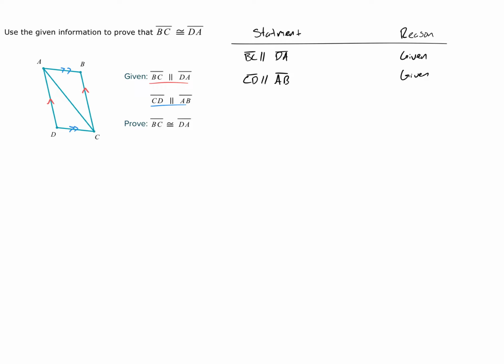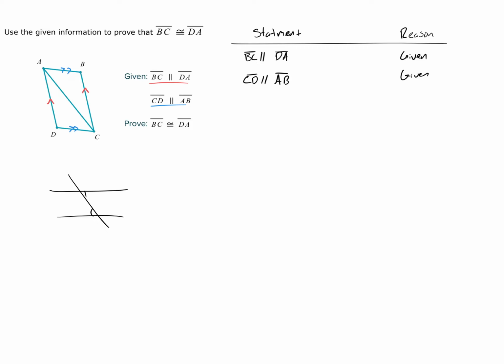First of all, I remember that if two lines are parallel, the alternate interior angles, this one and this one, would be congruent, right? Just to help jog our memory, if I have parallel lines and they're cut by a transversal, alternate interior angles would be congruent to each other.